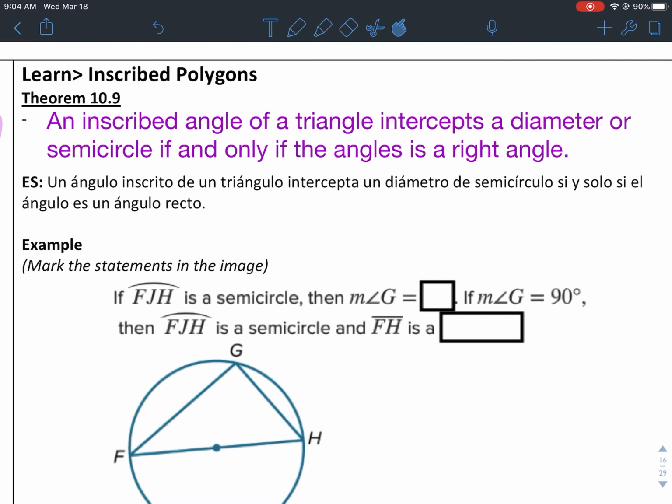Alright, so we're going to talk about inscribed polygons, and the first theorem that we have is if you have an inscribed triangle, essentially, and the angle intercepts a diameter.